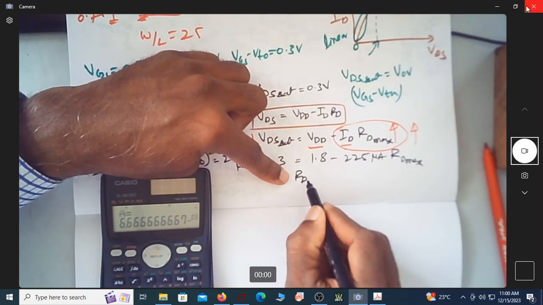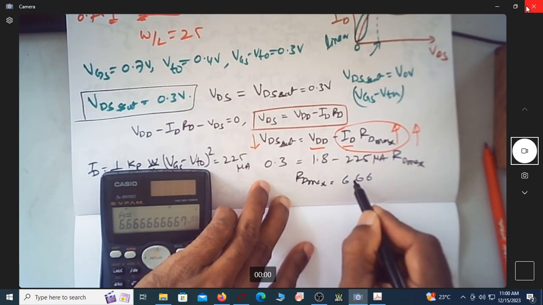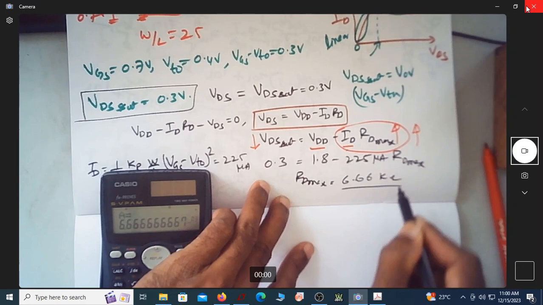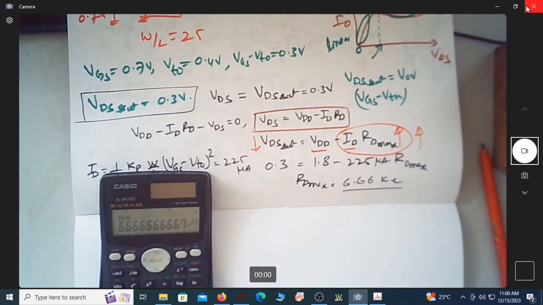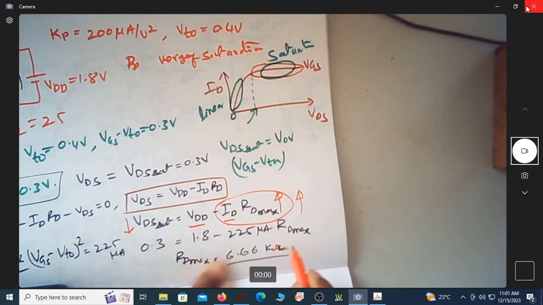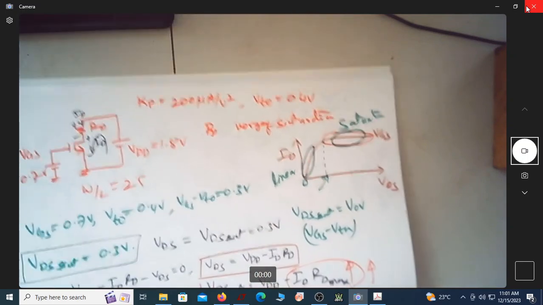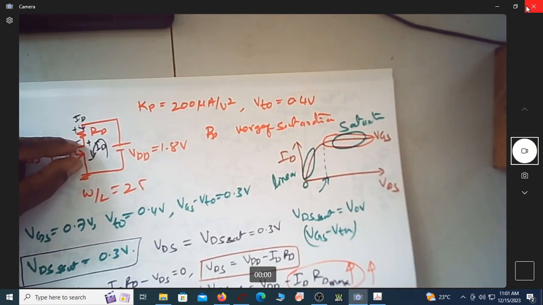So RD max is given by 6.66 kilo ohm. Suppose the value of RD is less than 6.66 kilo ohm, the voltage is more than 0.3 volt.